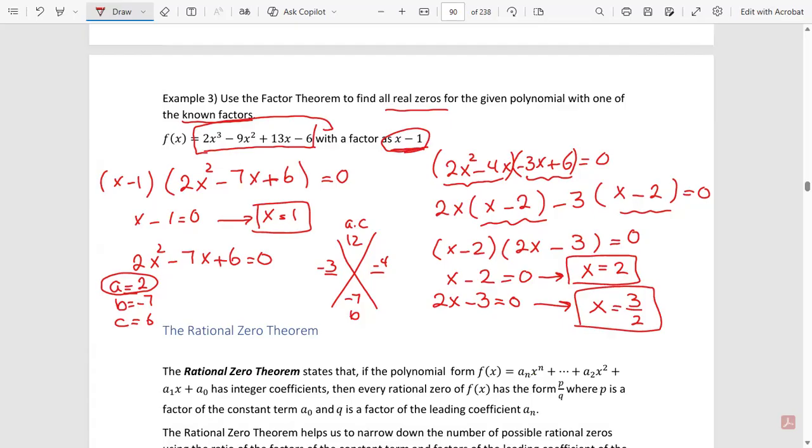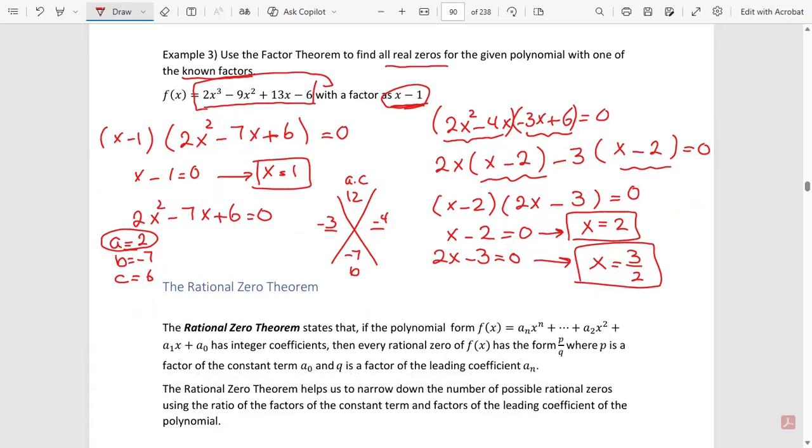If we don't have any factors known for us, we have to start replacing different numbers to see which one gives us a zero as a remainder. But that may take a long time because there are infinitely many numbers that we can plug in for the x and see if we get the zero as a remainder. So guess and check is one way to find one of the zeros or one of the factors, but it's not very practical.